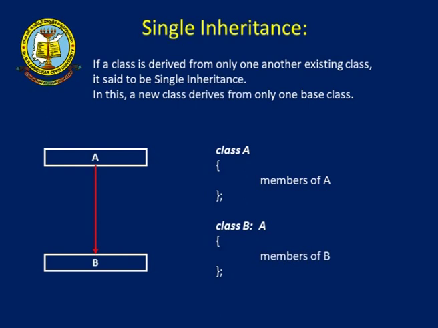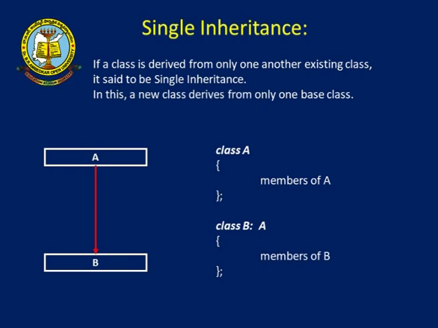If you observe here, B is a derived class and it is derived from class A. Class A is called the base class or parent class, and class B is called a subclass or child class. Here there is only one parent for one child. That is why it is called single inheritance.